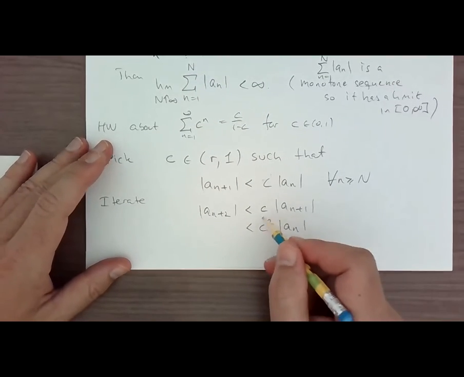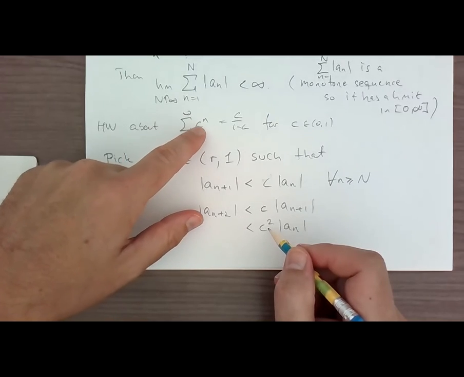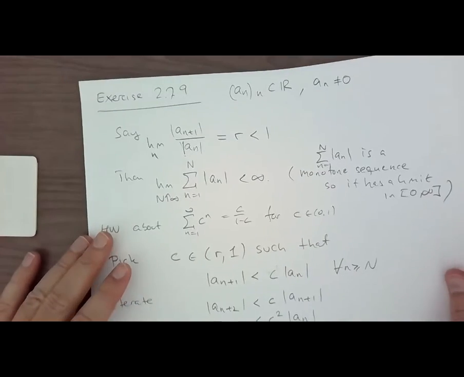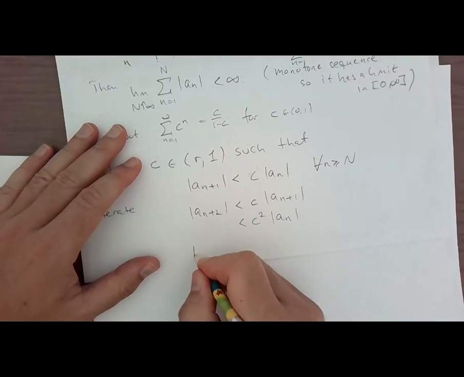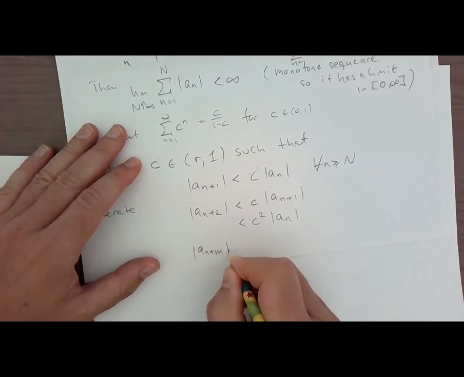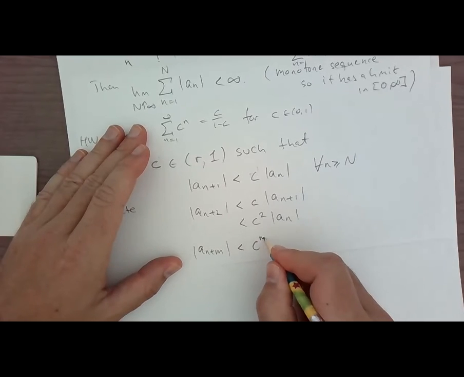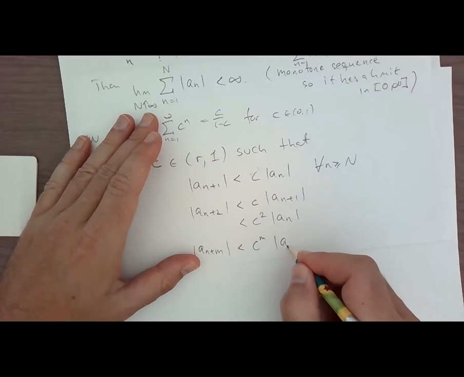And you can see now this is where the square comes in, and this is what you guys were practicing on in the homework. We can iterate this up so that more generally I'll have that a_{n+m}, right, what would that be? This would be less than c to the m times the absolute value of a_n.